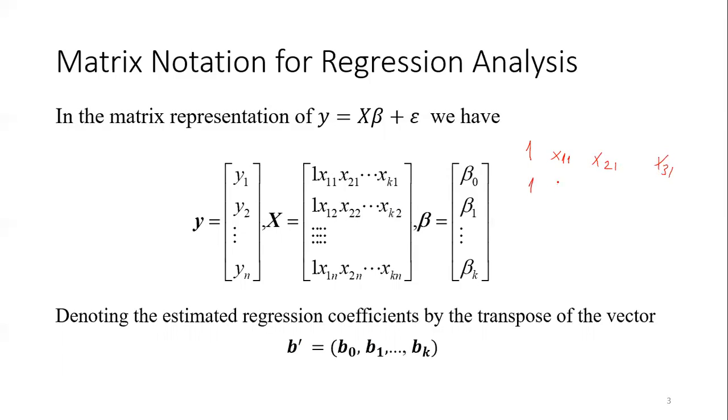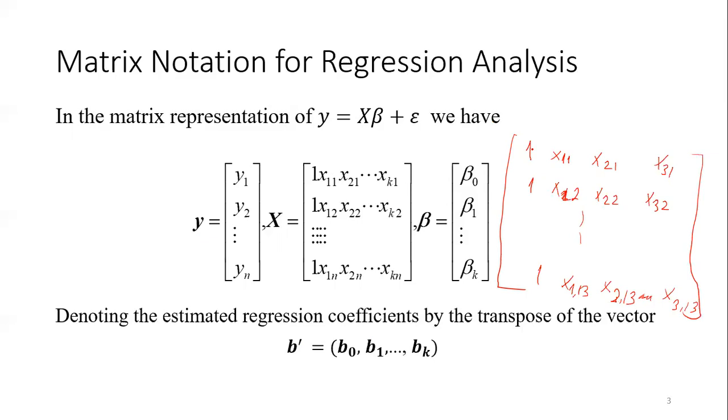And the second line: 1, x1,2, x2,2, x3,2. It goes like this until the 13th observation: 1, x1,13, x2,13, x3,13. This is what we have in our example.